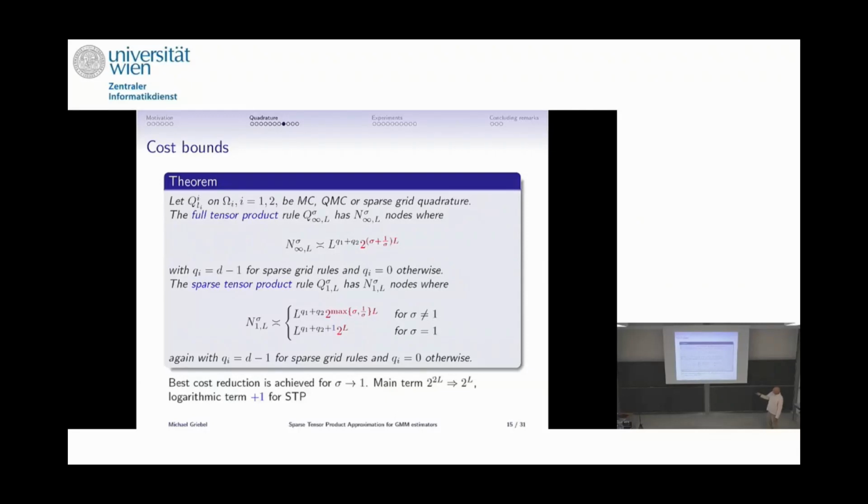And if sigma would be 1, it's 2 to the L. And here in the logarithmic terms, we pay with +1 because it's a sparse grid, and this is what the complexity gives us. So the logarithmic terms get up a little bit. But, and this is the point, plug in here theta equals 1, sigma equals 1, then you have a factor of 2 here, whereas here you have no factor of 2, just a factor of 1. So this is twice as cheap. The sparse grid is twice as cheap as this one. You pay a little bit with logarithmic terms. Okay.